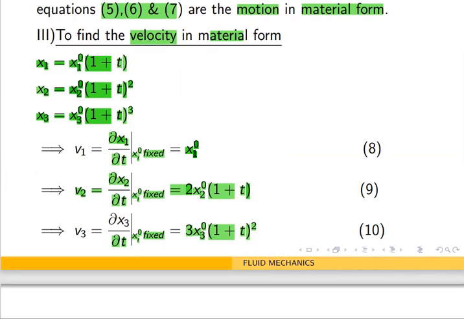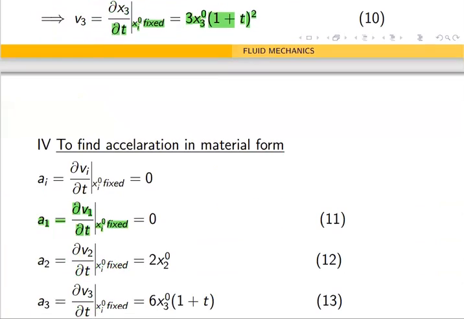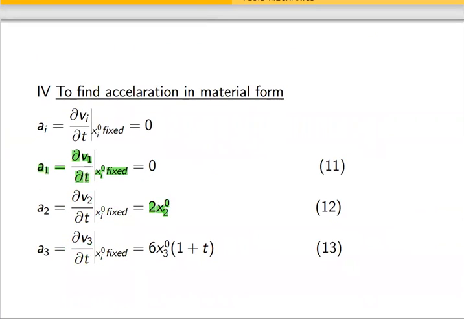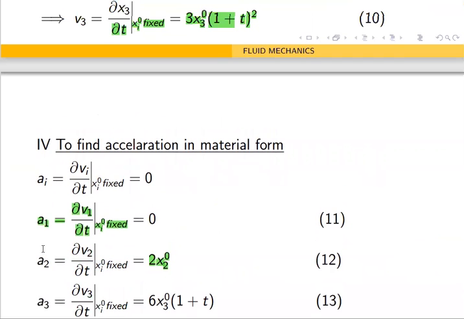So look at a2. Differentiate this with respect to t. You're going to get, x2 naught is constant, so 2 x2 naught. Similarly, a3. v3 is here.